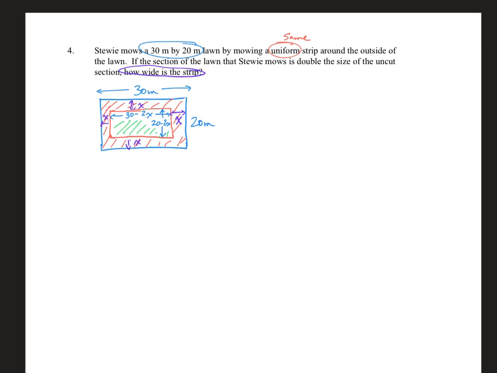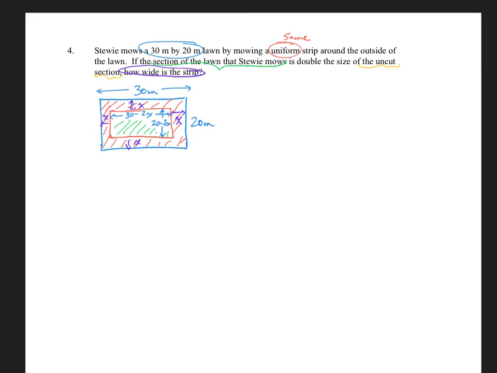First thing, it says: the section of the lawn that Stewie mows is double the size of the uncut.